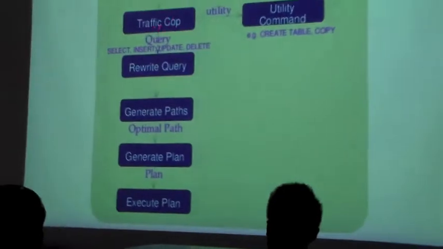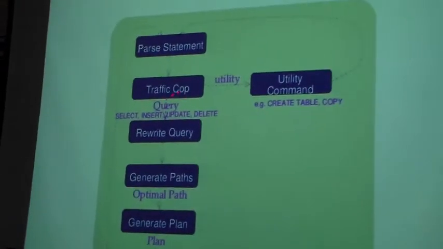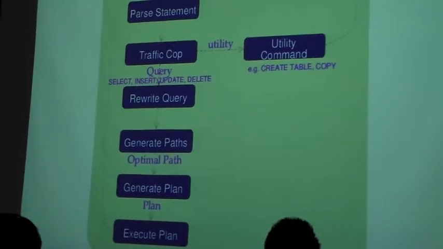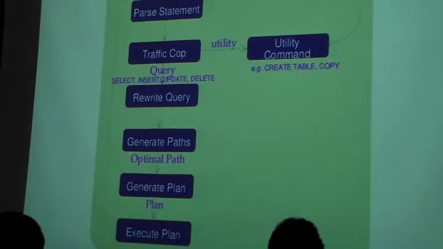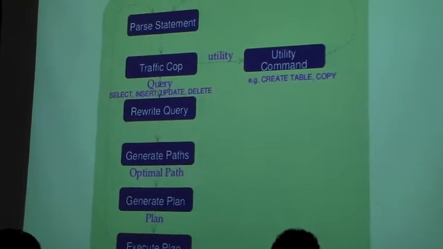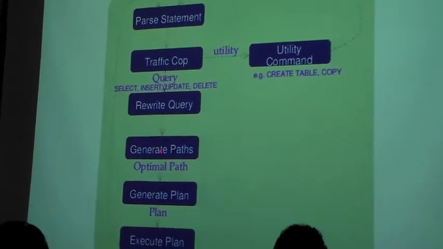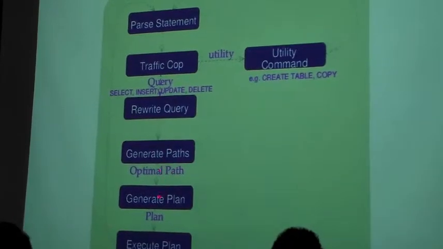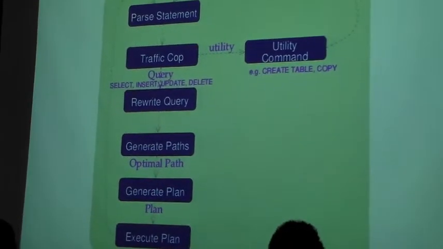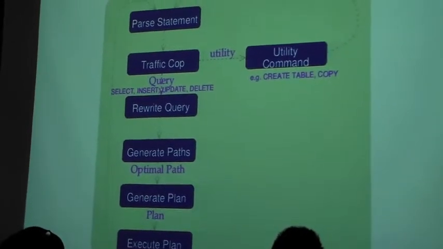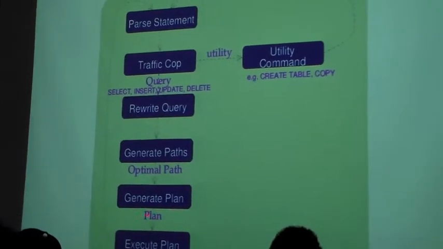There's then a traffic cop in Postgres, which figures out if it's a utility command or not. If it's not a utility command, it goes into something called a rewriter, which is where we handle things like views and rules. After the rewriter is the optimizer. It's trying to figure out how it can get the user the results as quickly as possible. What comes out of the optimizer is something called a plan.